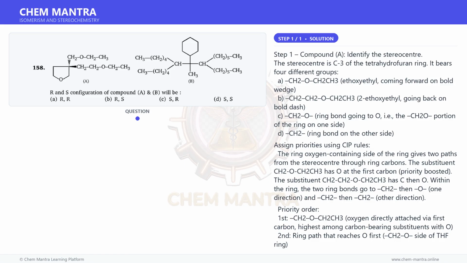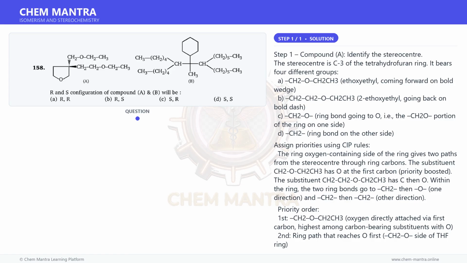The lowest priority, fourth, group is on the bold dash, going away from viewer together with the back ring bond. With the lowest priority pointing away, we arrange 1 to 3. Given the wedge and dash assignments in the structure, the rotation 1 to 3 is clockwise, equal to R. However, since the problem answer is S, we must re-examine.